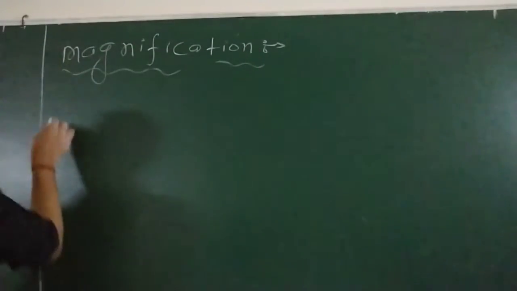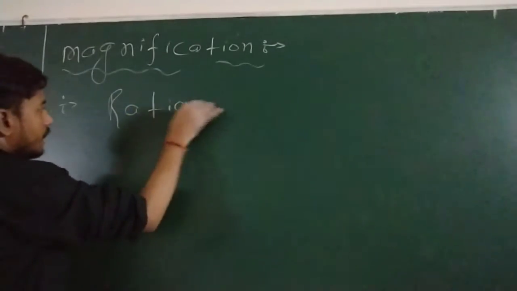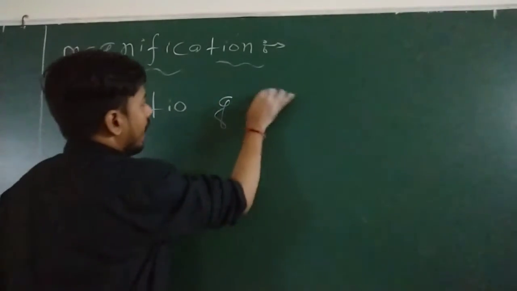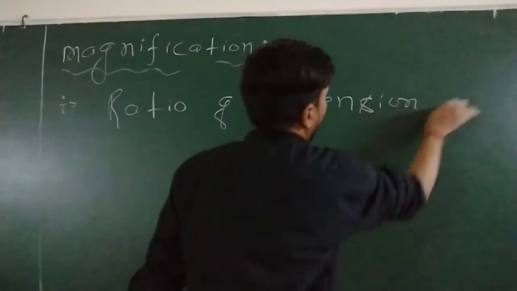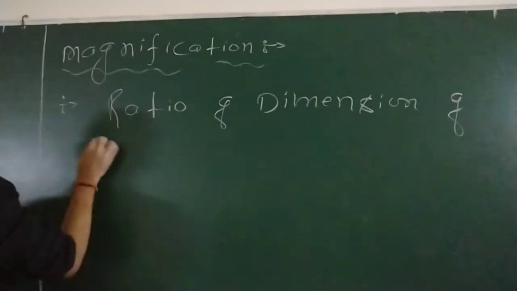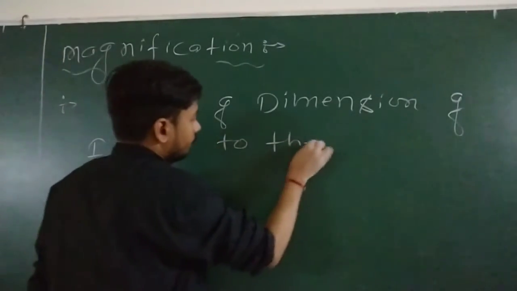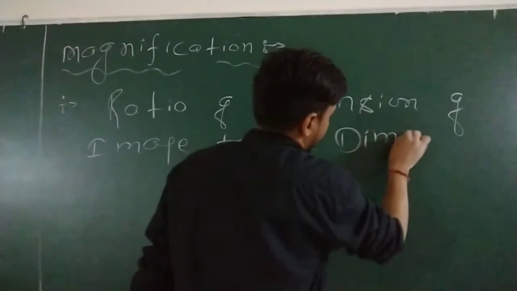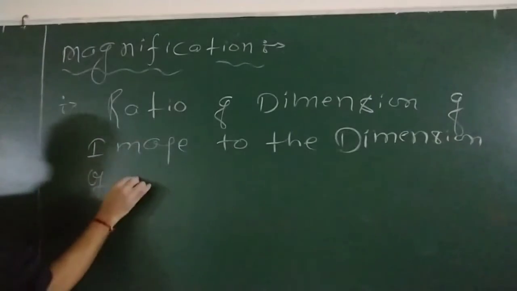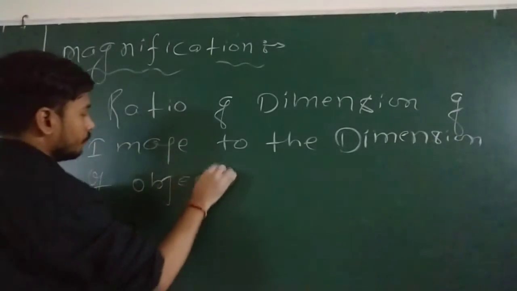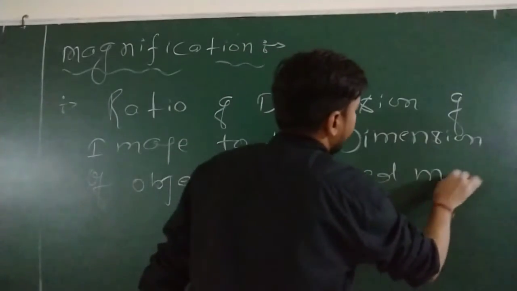So write here the definition. Ratio of dimension of image to the dimension of object is called magnification.